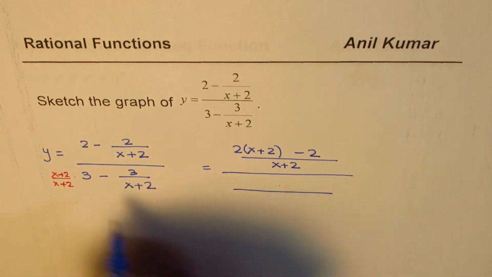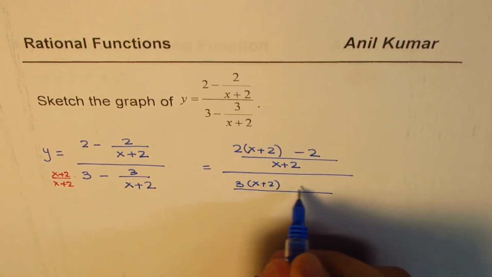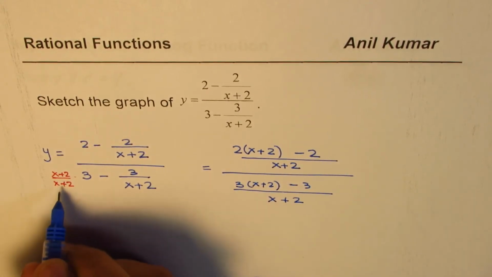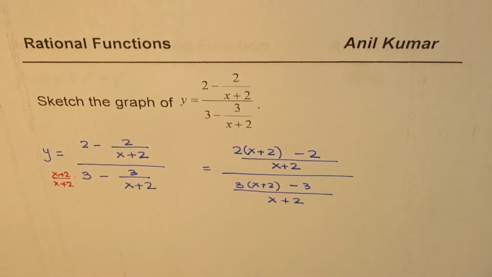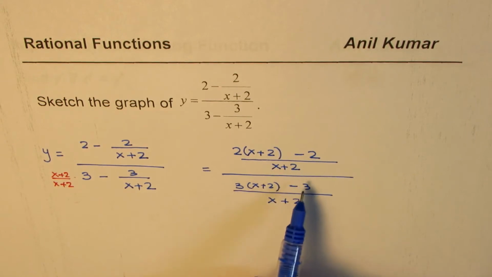So what you get here is 3 times x plus 2 minus 3 divided by x plus 2, right? That becomes the common denominator. I hope this step is absolutely clear, right? Now, you could expand and simplify.